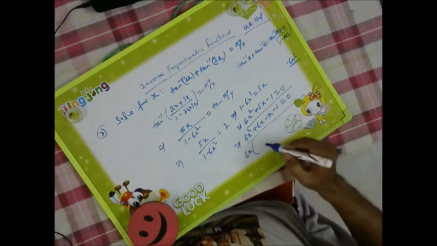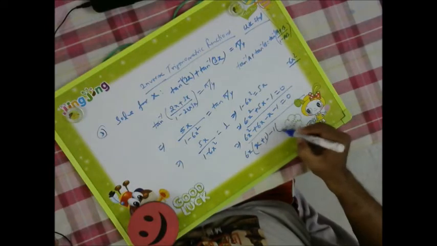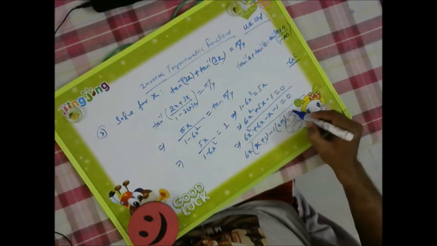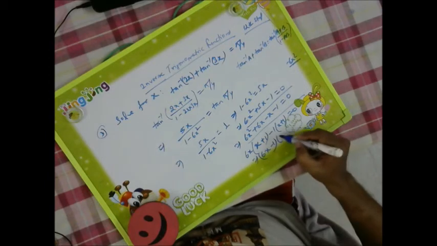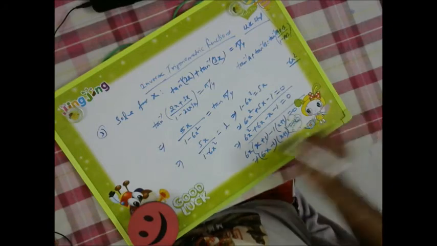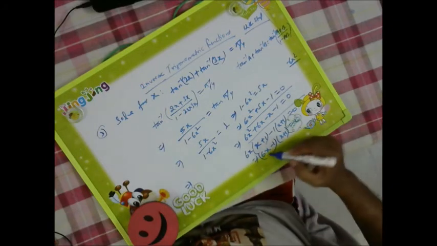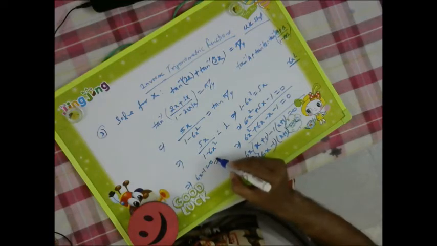We will take 6x as common factor and it will become x plus 1 minus 1 into x plus 1 is equal to 0, and this gives us 6x minus 1 into x plus 1 is equal to 0.